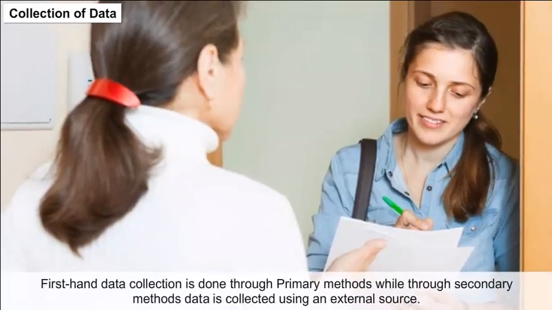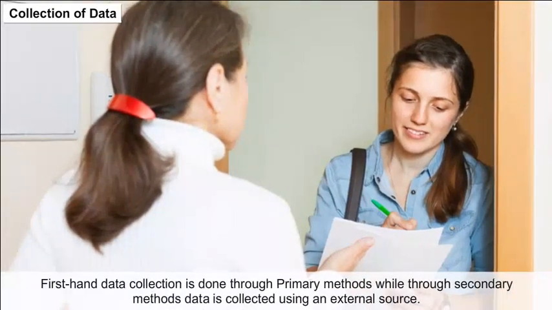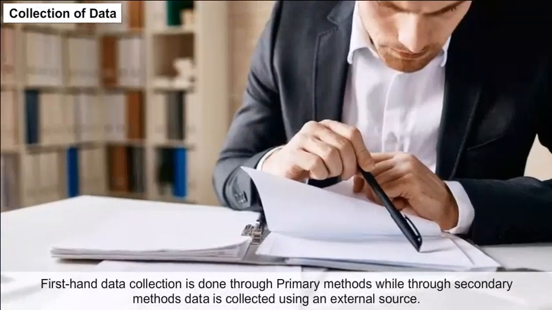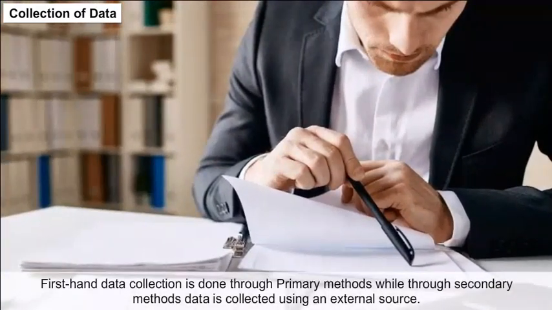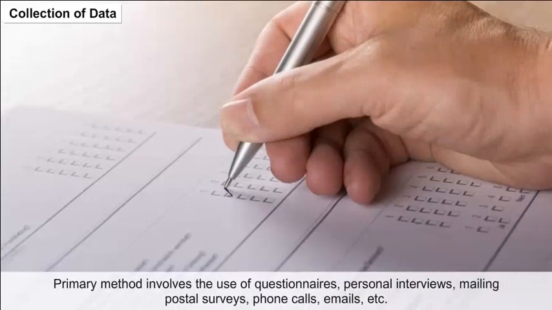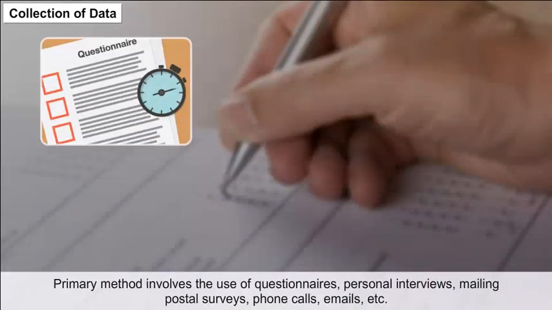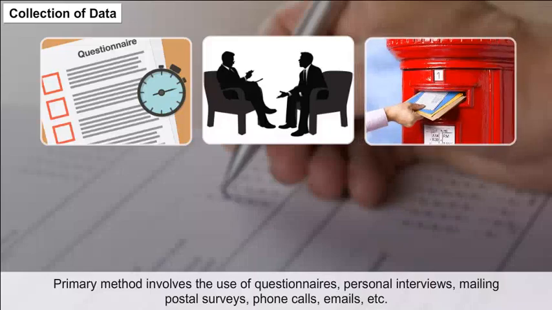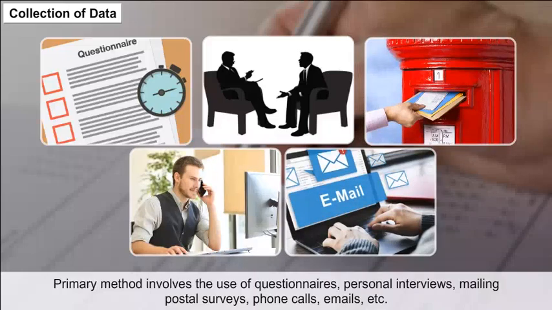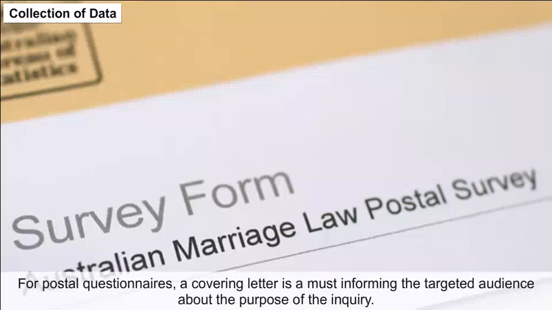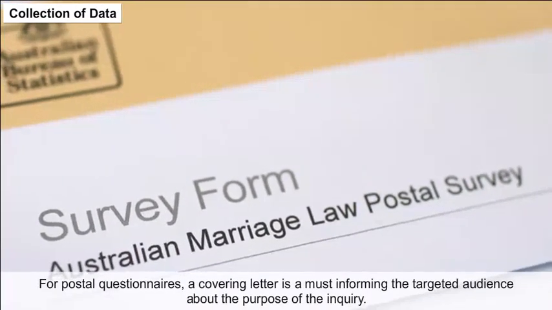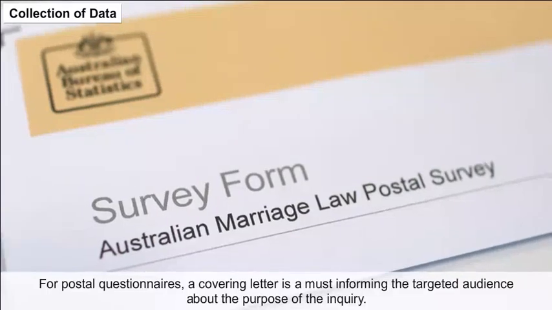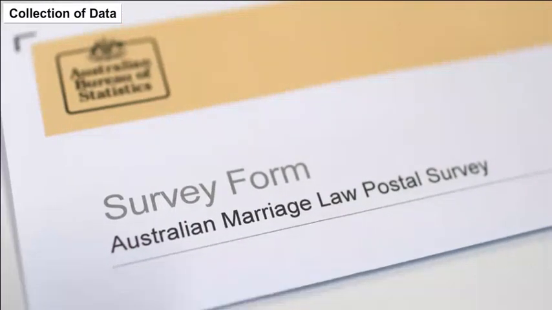First-hand data collection is done through primary methods, while through secondary methods, data is collected using an external source. Primary method involves the use of questionnaires, personal interviews, mailing postal surveys, phone calls, emails, etc. For postal questionnaires, a covering letter is a must, informing the targeted audience about the purpose of the inquiry.